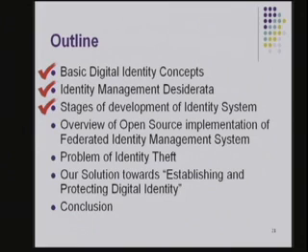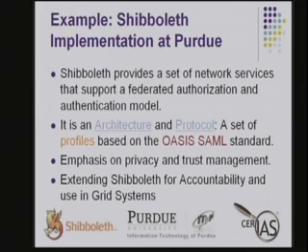So I would now like to describe further the actual step, the protocol taken for an identity management system. In this case, the Shibboleth implementation at Purdue. So what does this Shibboleth implementation provide? It provides a set of network services that support the federated authorization and authentication model.